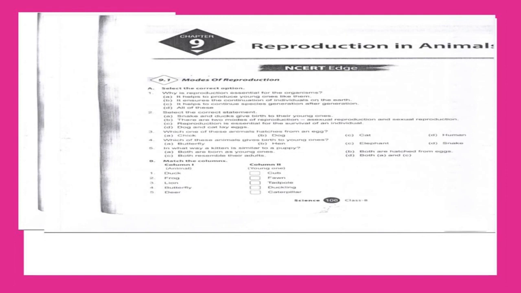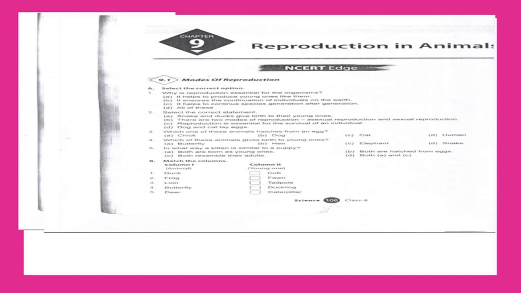Second question, select the correct statement. Snake and ducks give birth to young ones. There are two modes of reproduction, asexual and sexual reproduction. Reproduction is essential for the survival of an individual, and dog and cat lay eggs.